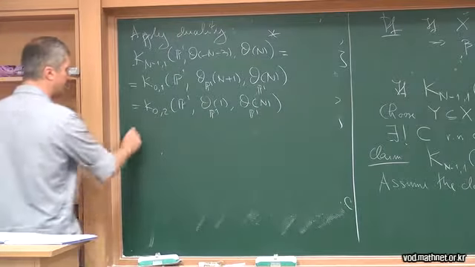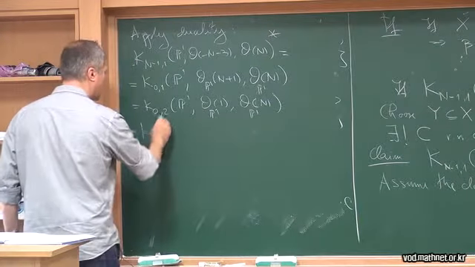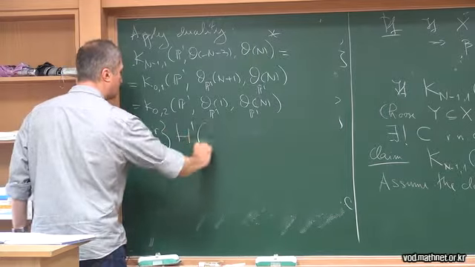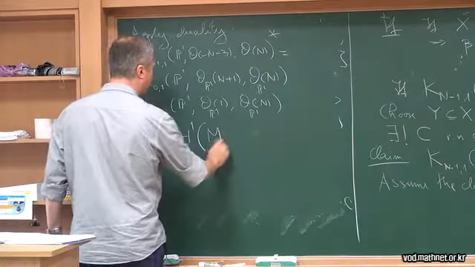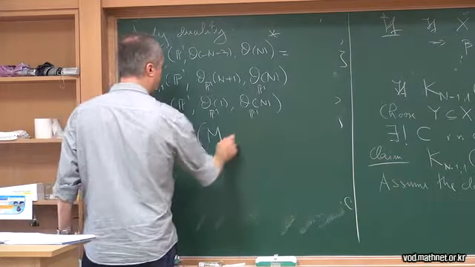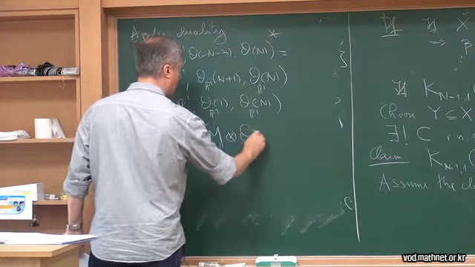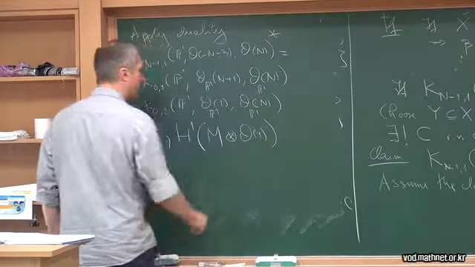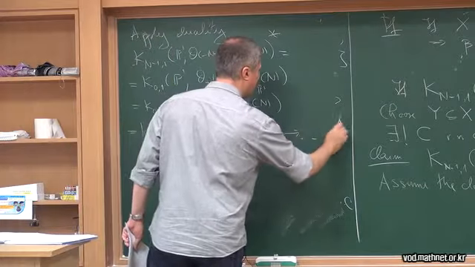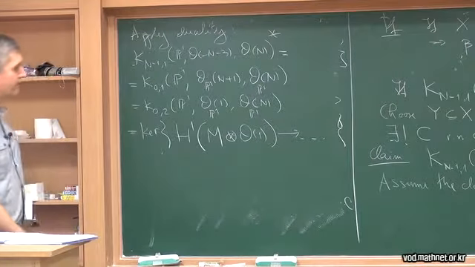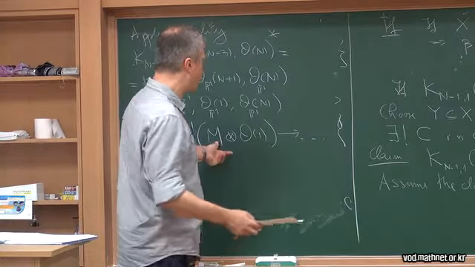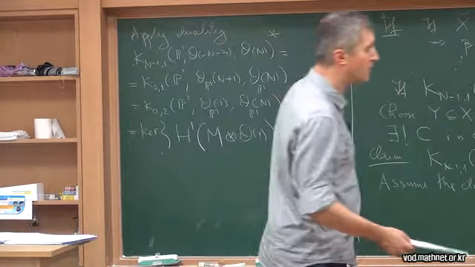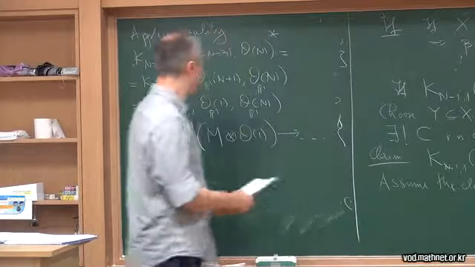And this one is now the kernel of some H1 of, here we have 0, so that would be M tensor O(1), to something. And now M is a direct sum of O(-1), so this is 0.